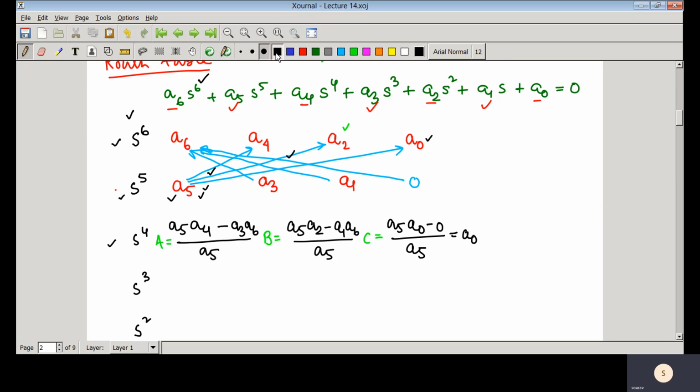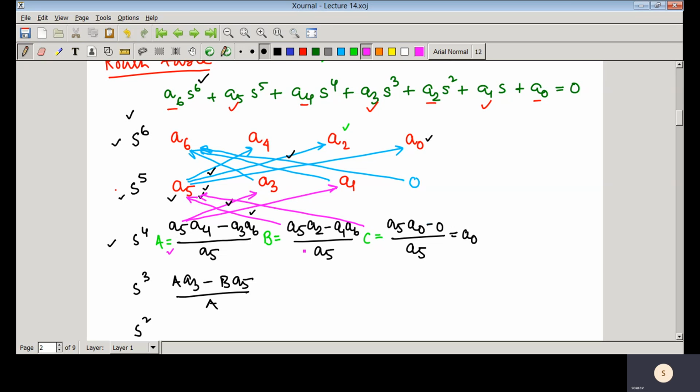And then the next one is, so this is that A term. Now multiply with this and then multiply with that, divided by this term. So what would it be? If we multiply with that, it is a3 minus b a5 divided by A. Again, multiply it, and then multiply with this one.